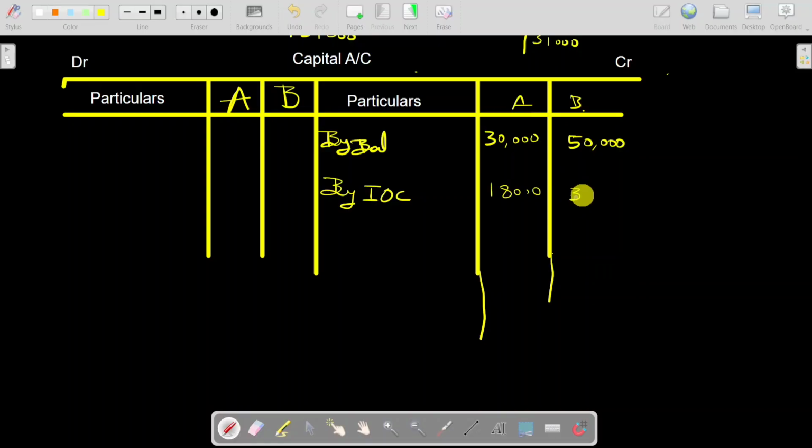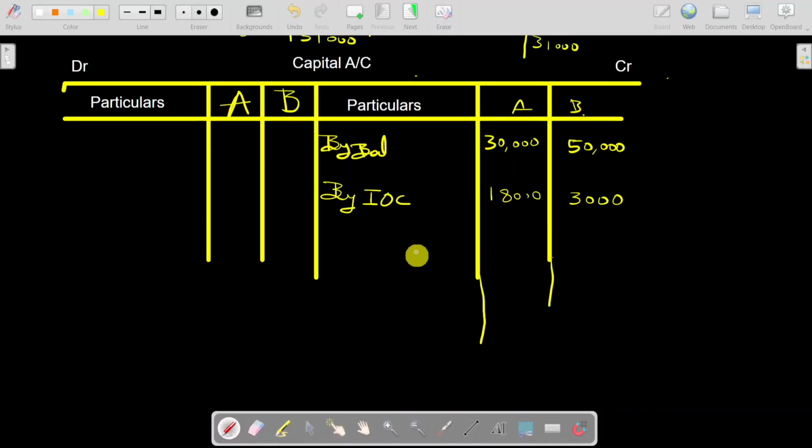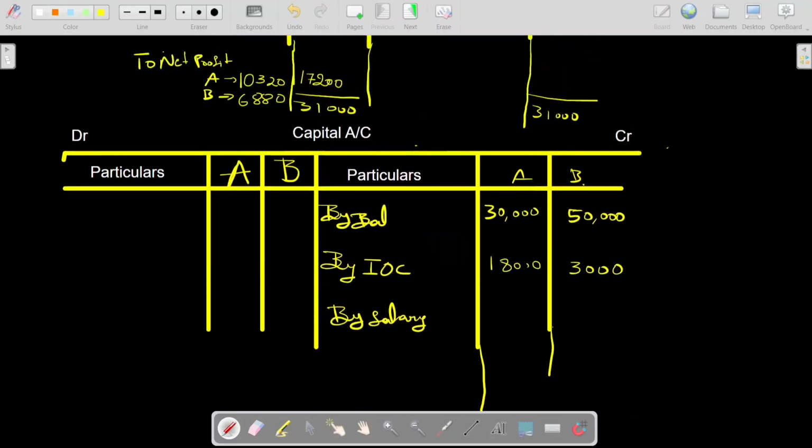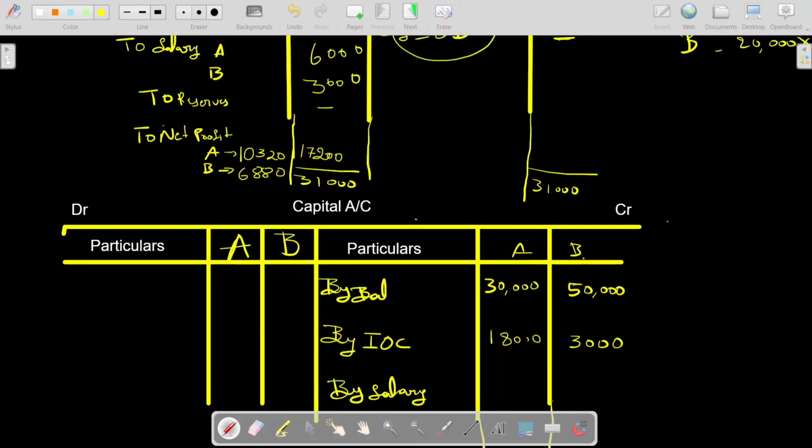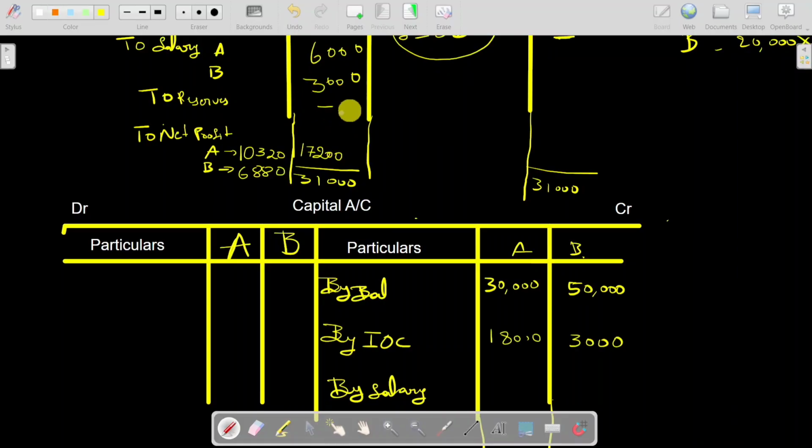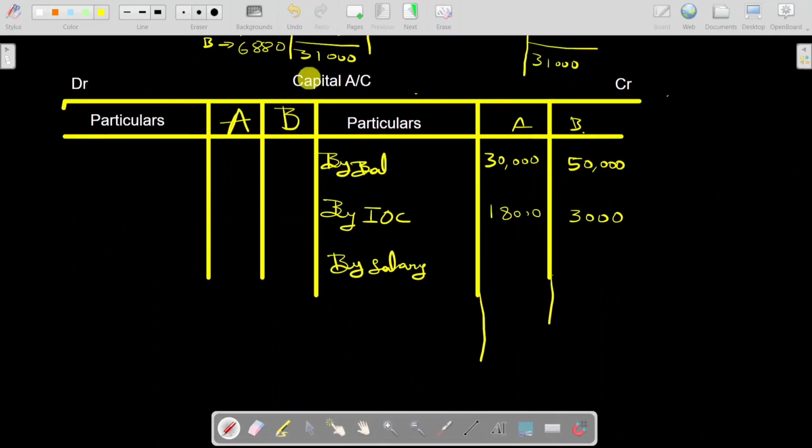And B is getting 3,000, right? And here they are getting salary also. A is getting 6,000 salary and B is getting 3,000 salary.